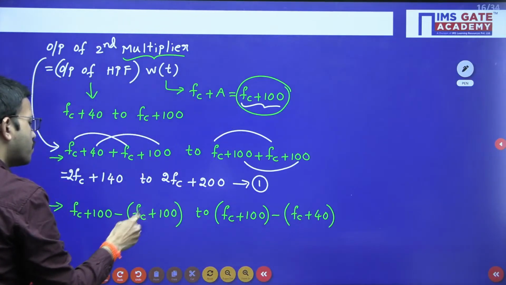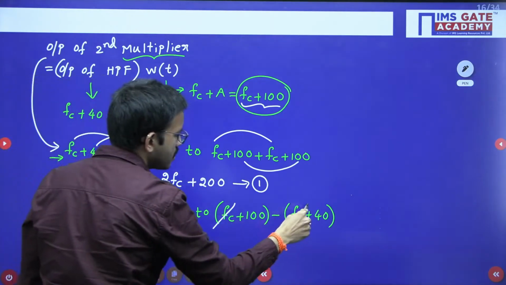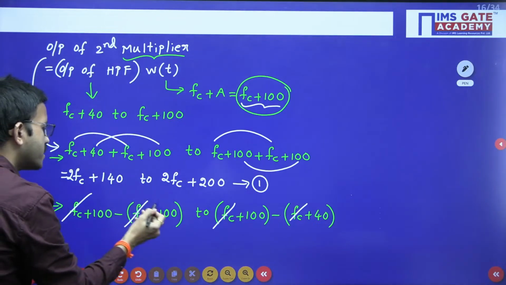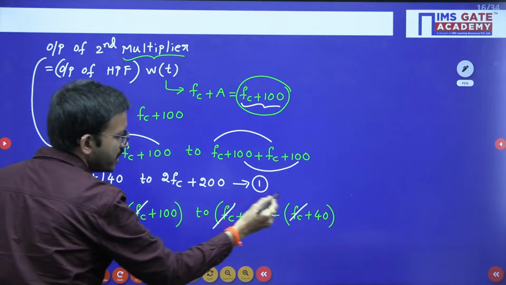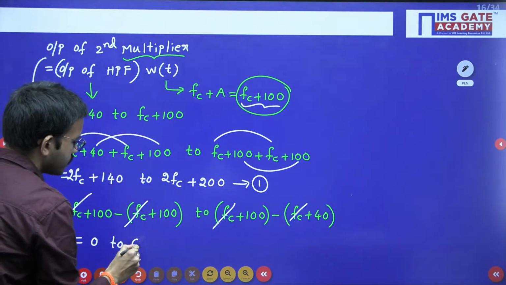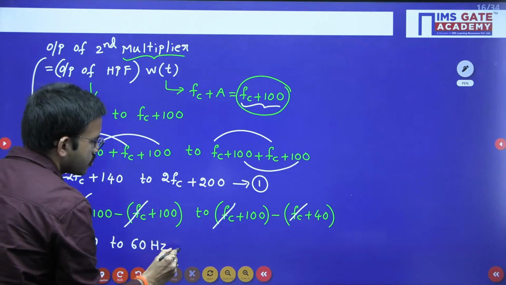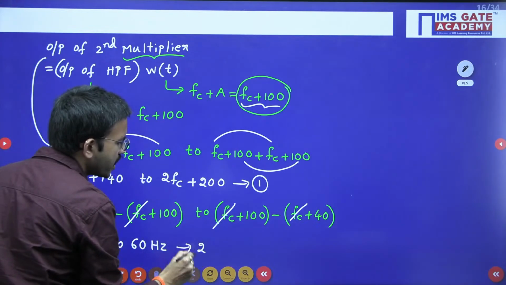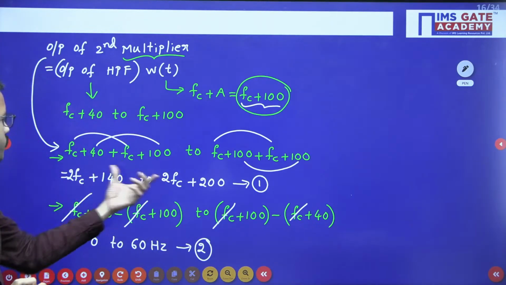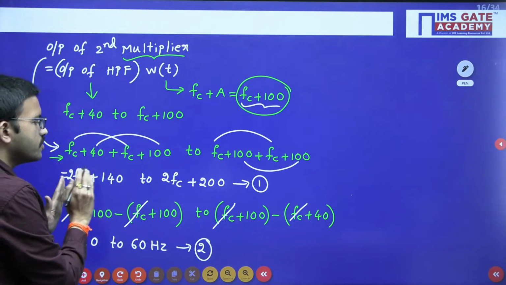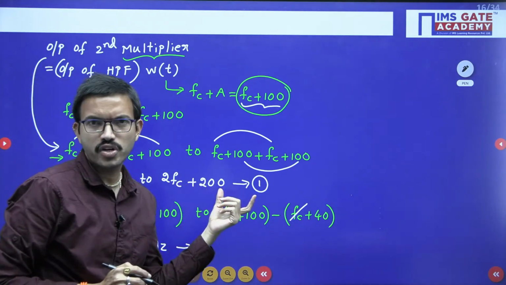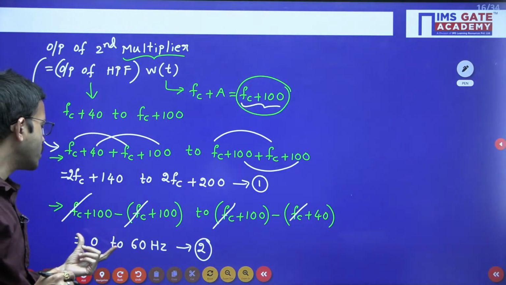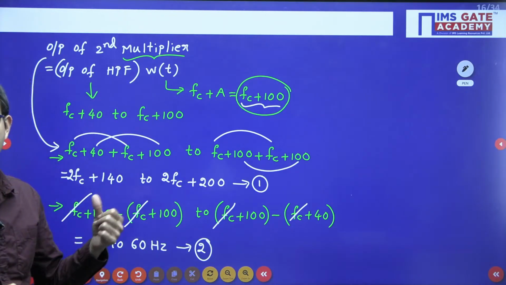Here Fc minus Fc cancels. 100 minus 100 is 0, and 100 minus 40 is 60. So we are getting two ranges of frequencies: one from 2Fc plus 140 to 2Fc plus 200, and another from 0 to 60 Hz.